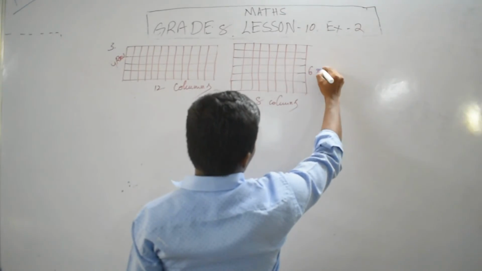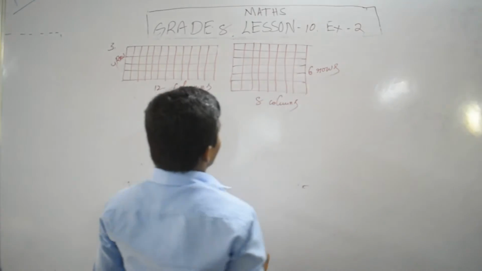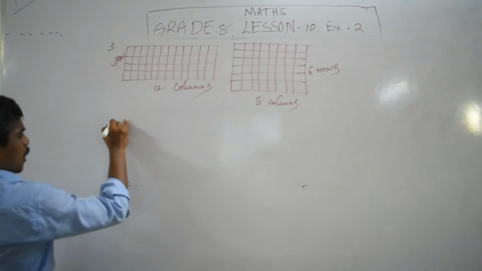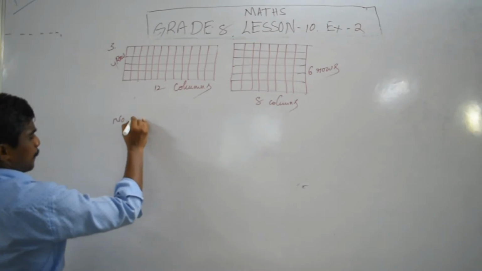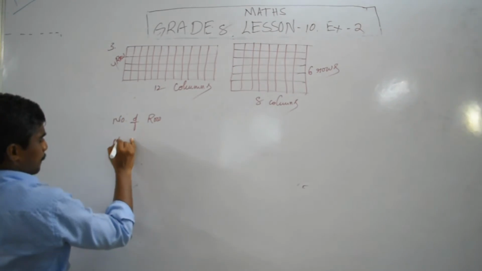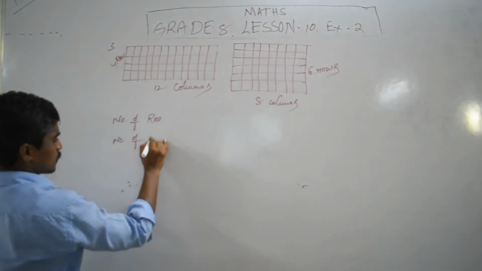Here 6 rows. This is like the given pictures. Here the question is asking, find out the number of rows and the number of columns.